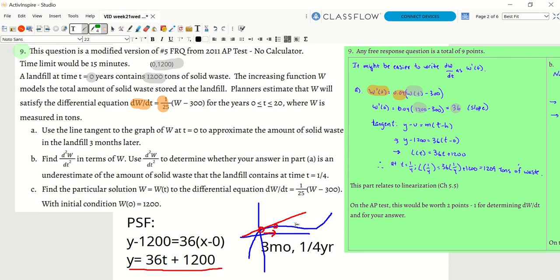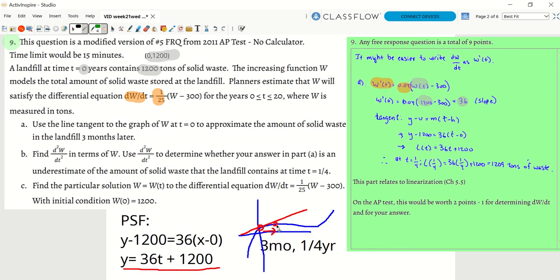So again, we're trying to find the y coordinate of this blue dot, which lies on the blue curve, and we're going to use the red line to estimate it.